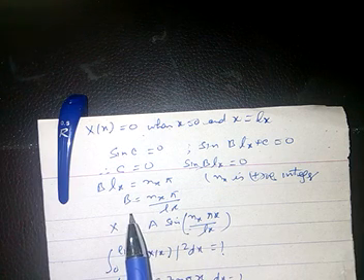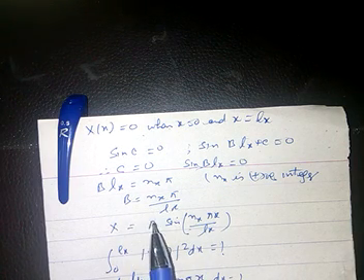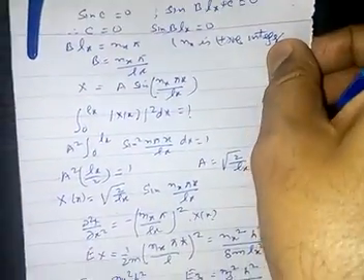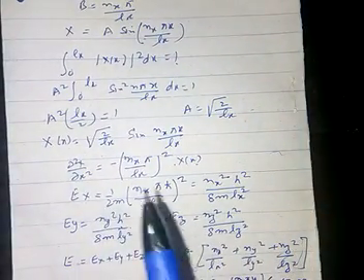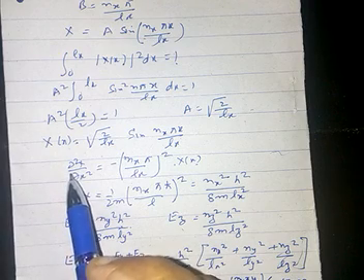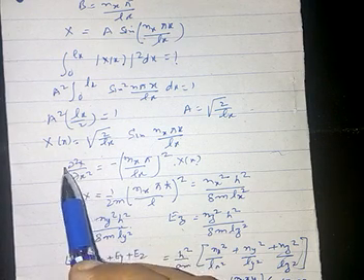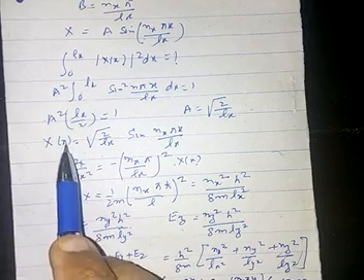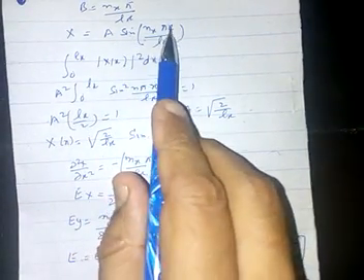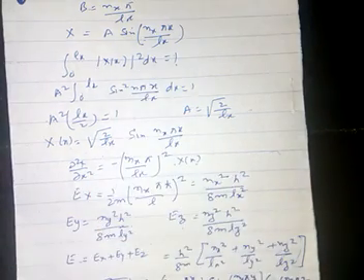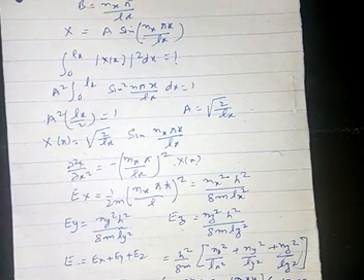So the value of B will be nx π/Lx. Now substituting this value of B and C, X will become A sin(nx π x/Lx). For simplicity, we may assume A to be a real number.